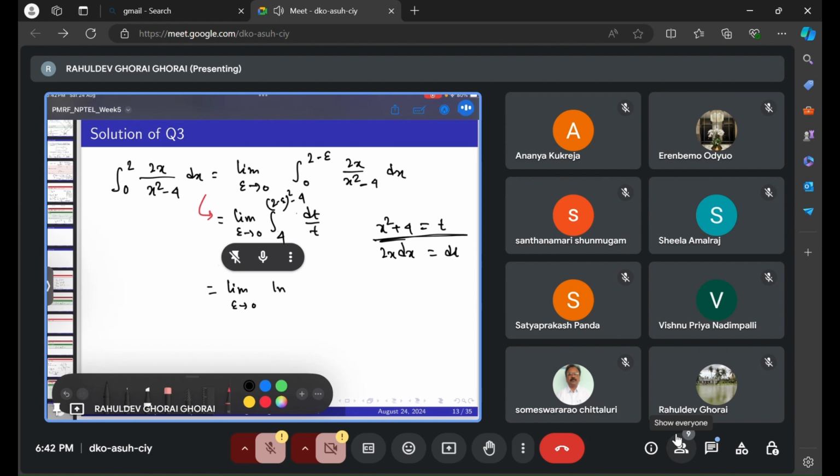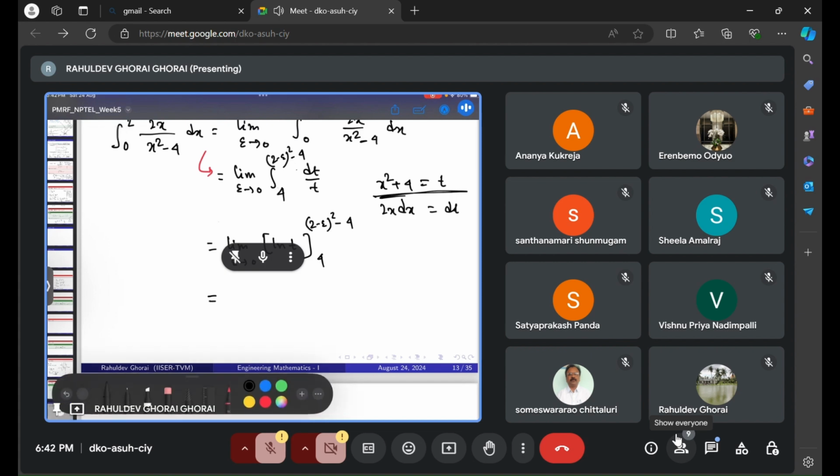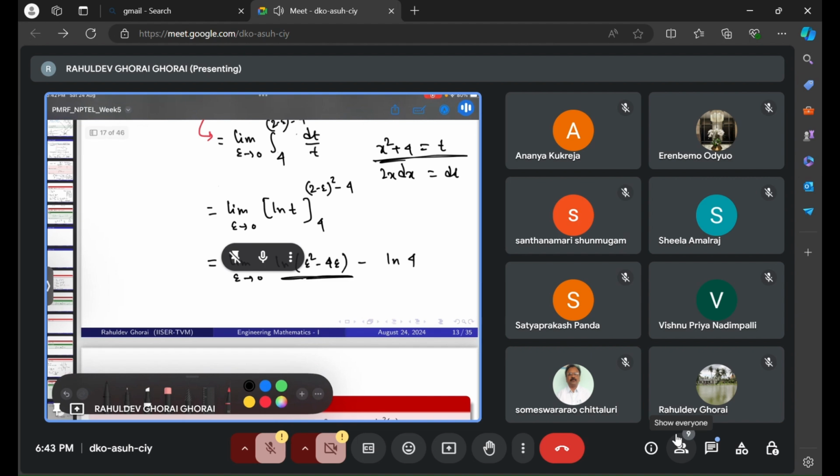So ln of t, which will be evaluated from 4 to 2 minus epsilon whole square minus 4, is nothing but the limit as epsilon tends to 0 of ln of epsilon square minus 4 epsilon, minus ln of 4. Now this quantity tends to minus infinity.